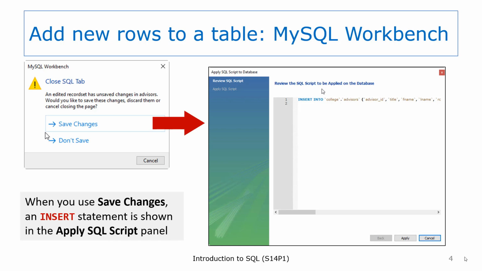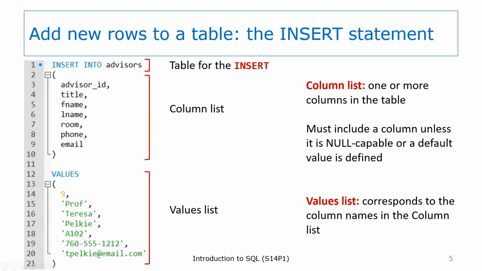When you click Save Changes, the Apply SQL Scripts to Database panel shown on the right is displayed. You've seen this panel used several different times in this course. This time, the panel has an insert statement that will be run when you click the Apply button. So now you know how to add a new row to a table using MySQL Workbench.